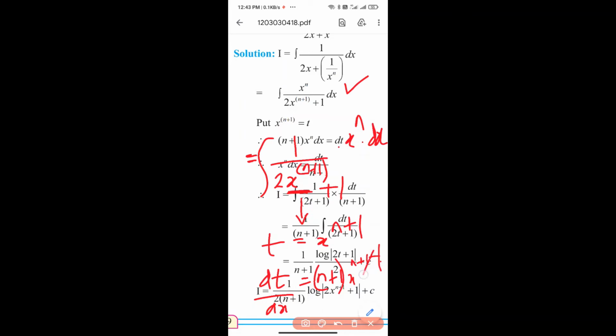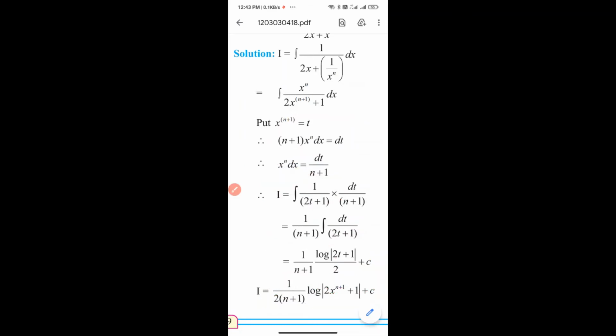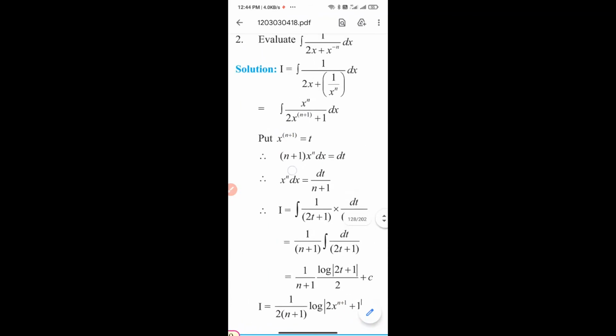So this 1 and this minus 1 get cancelled, and what we are going to remain with is n plus 1 into x raised to n. So the main thing is that we should understand why we are putting t as x raised to n plus 1 and not this.